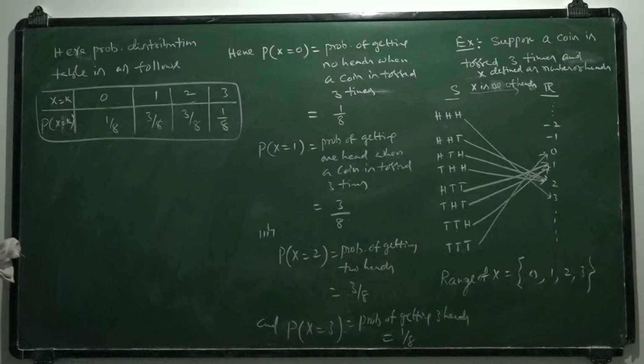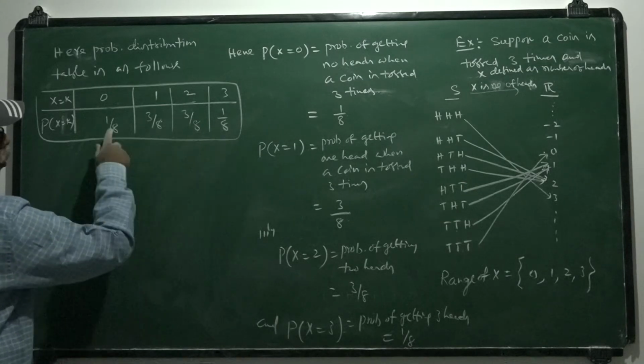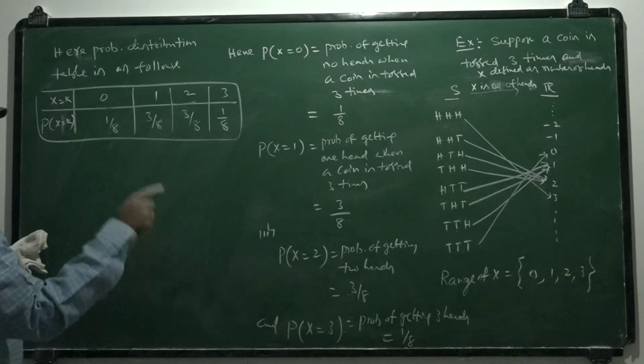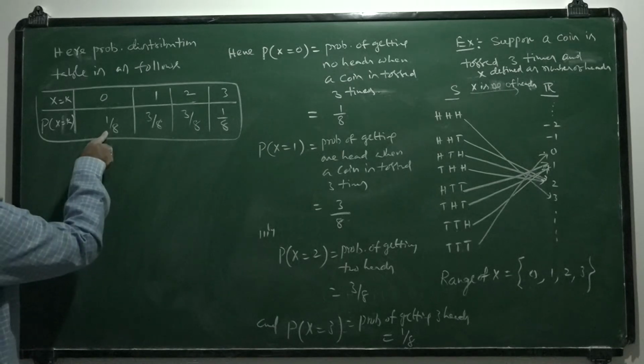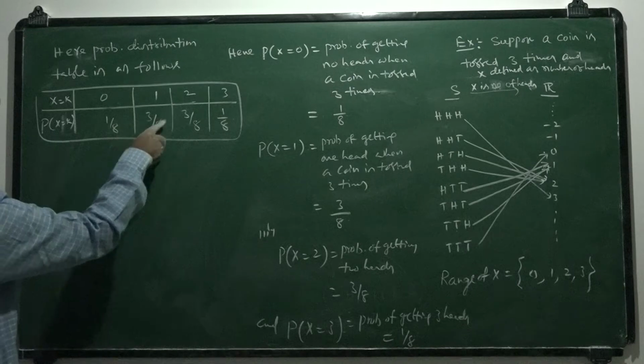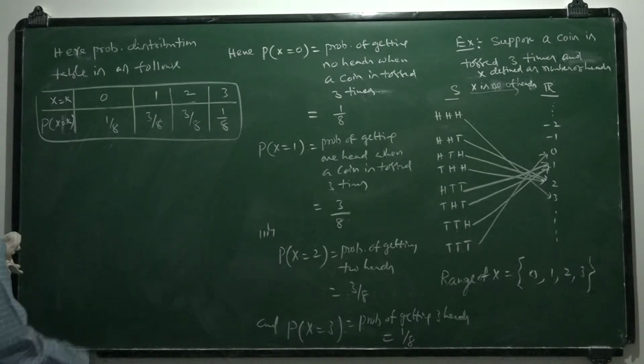You can observe that the sum of the probabilities in the distribution table is always equal to 1, because 1 by 8 plus 3 by 8 plus 3 by 8 plus 1 by 8 gives us 1.